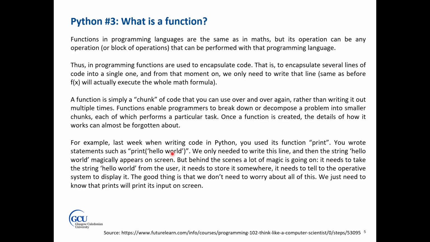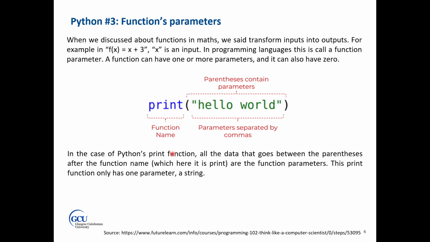It needs to do some stuff with this, store it in memory, and then it needs to communicate with the operating system, with the screen, in order to display this to you. But as a user, the only thing we need to do is print. We don't need to care about how everything else is implemented. And that's more or less the idea of functions: to put some complex code into a function, and then someone else can use it very easily.